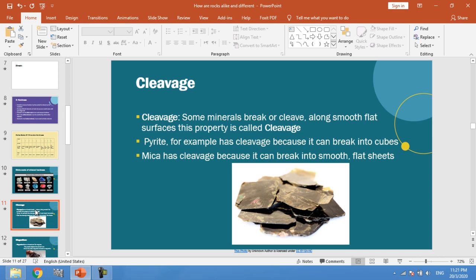We have two examples here. Pyrite, for example, has cleavage as it breaks into cubes. Mica breaks into smooth, flat sheets. This is the picture.